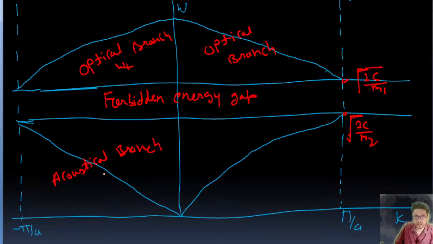This is the acoustical branch, that is omega minus. And the value of omega is root of 2C into (1 upon m1 plus 1 upon m2). This is root, guys.